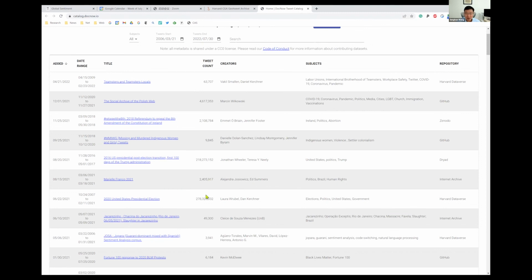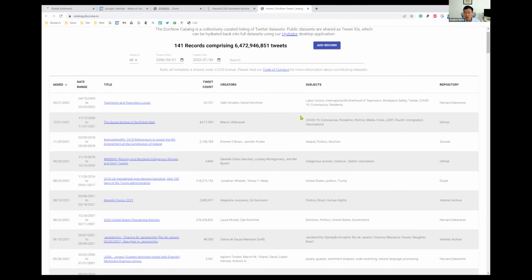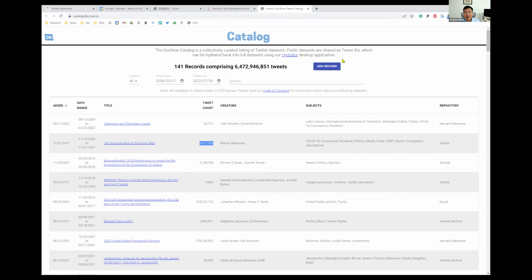This is also an open platform to collect data sources. But as I said, they only provide the Twitter IDs. You need tools like these to retrieve the historical tweets for your study.